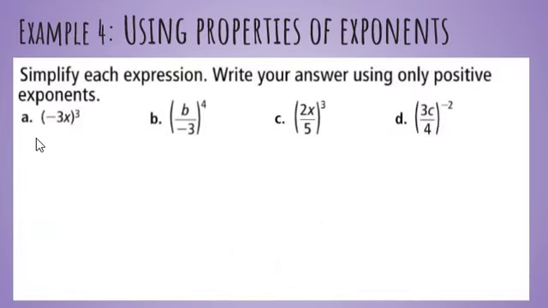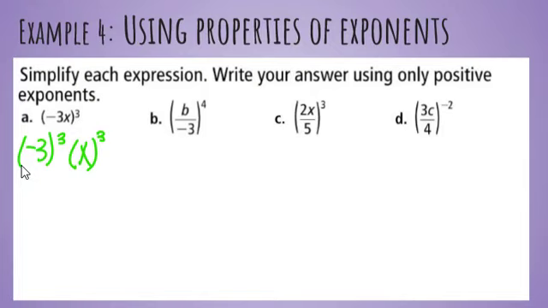So example 4 is using these properties. For the first one, we have the quantity negative 3x to the 3rd power. So we're going to apply the power of 3 to both the negative 3 and to the x.